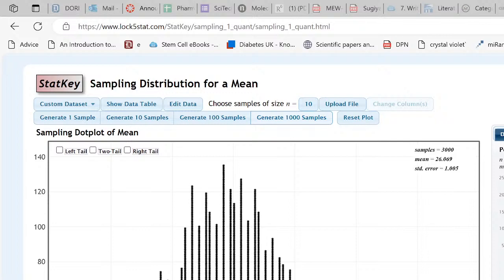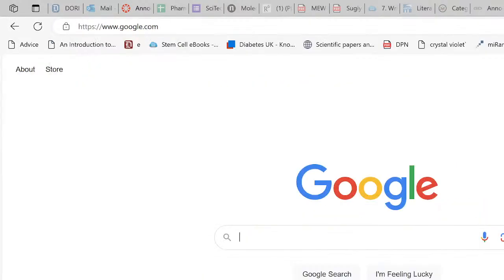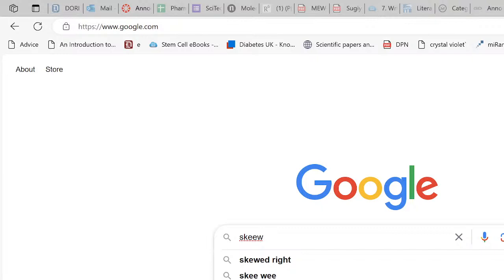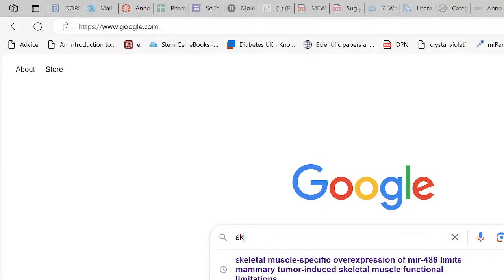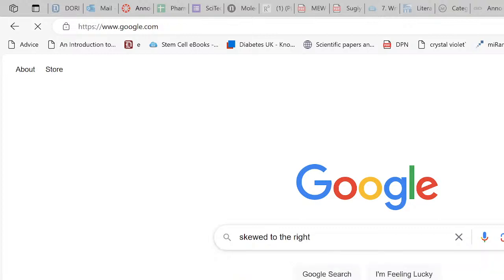All right, the mean is 26.085, which compares very well with the population mean. The standard deviation is 0.659. A couple more to do.